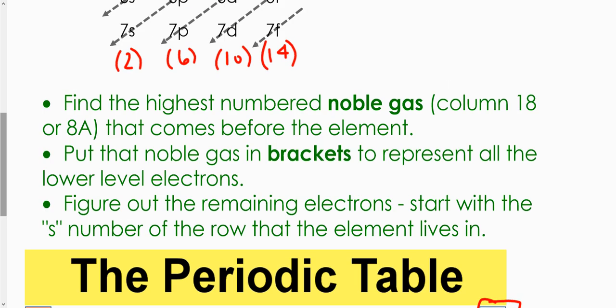So you want to put that noble gas in brackets. Now, you need to make sure brackets are not parentheses. Brackets are the little square ones. And you'd put the noble gas inside. So, for example, if it was helium, you'd write helium, and then you'd put brackets around it. That represents the electron configuration for that noble gas.